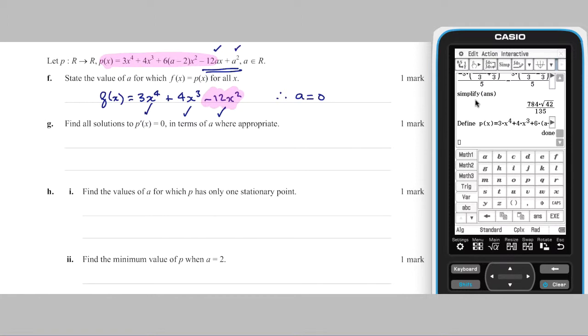Our next computation requires us to solve p dash x equals 0. This is a computation I will be doing on my ClassPad.